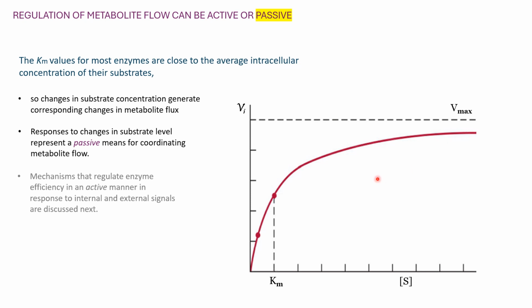And what that means is if there's an excess of substrate, then the speed of the reaction is going to be much faster than if there's very little substrate. And this gives a passive means for controlling how quickly the reaction proceeds.